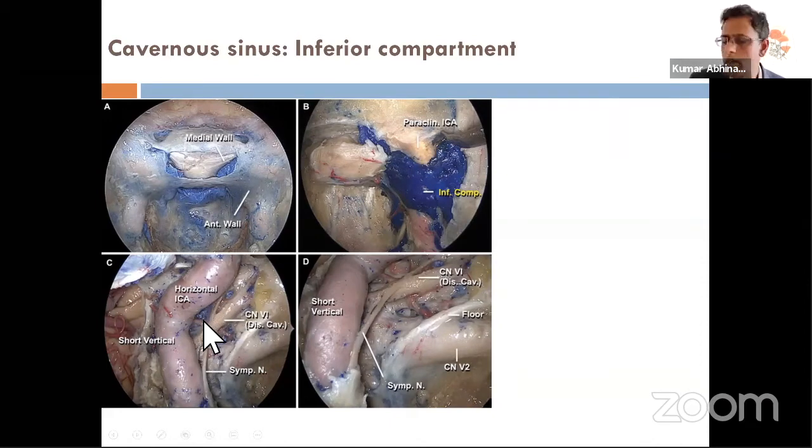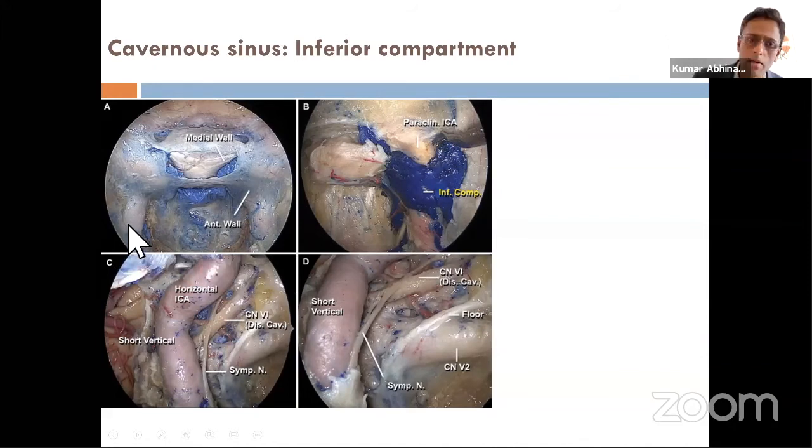The main nerve at risk is the sixth nerve, the distal cavernous segment, and the sympathetic chain usually follows a straight line here. So we are always thinking about this ICA loop, the horizontal ICA, and the sixth nerve. And the sixth nerve keeps cropping up everywhere in endoscopic surgery.